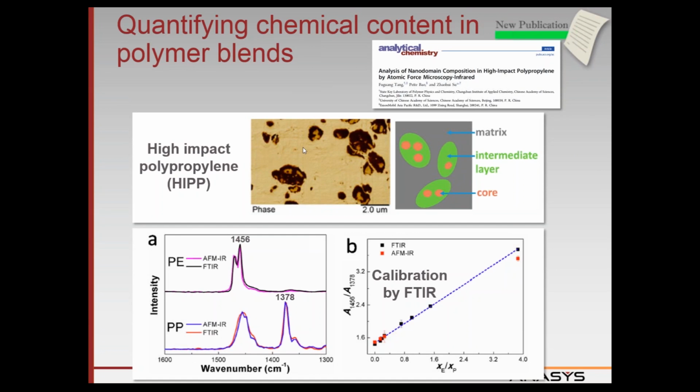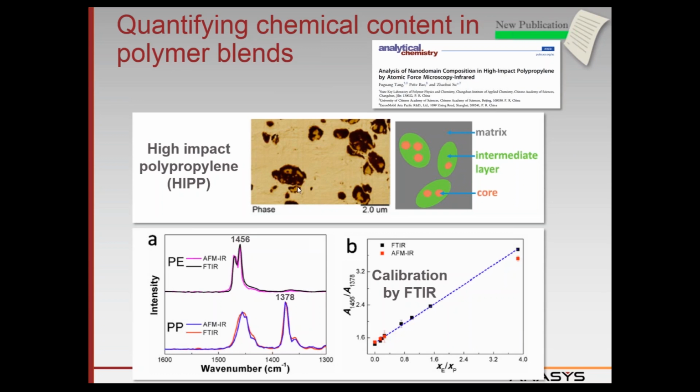And this sample has a structure where there is a matrix material, and then these phase segregated regions which have both an intermediate layer that's distinct from a matrix and then a core that is distinct from the intermediate layer. And then there were open questions about what is the chemical composition of the different locations within these nanodomains.